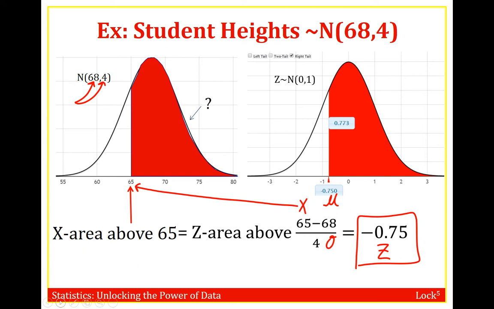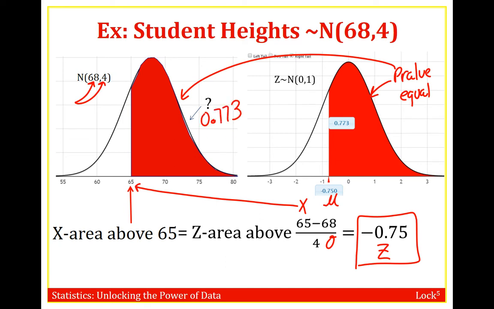And the area under this curve, this p-value, which is area, is equal to this p-value. The two values are identical in nature to each other. They can never be different from each other. So therefore, if this area is 0.773, then this area is 0.773. We do that so that everybody can look at the middle and say, 0, I got that. 1 up, 1 down, 2 up, 2 down.